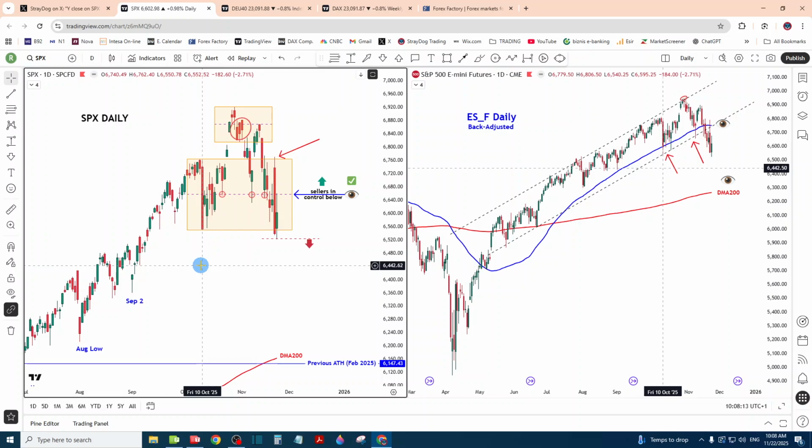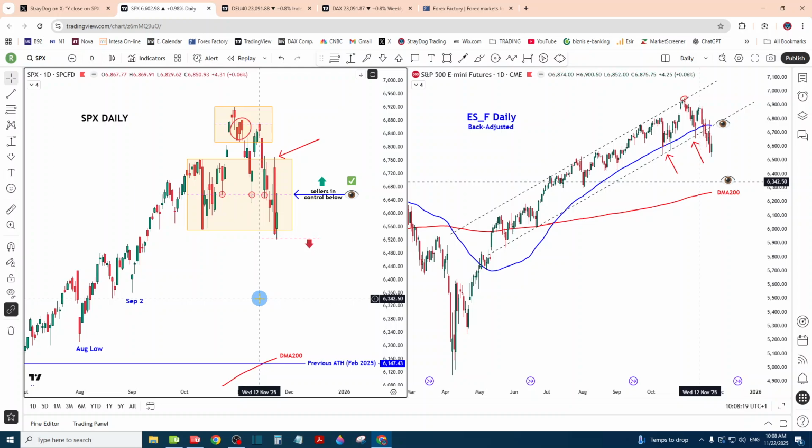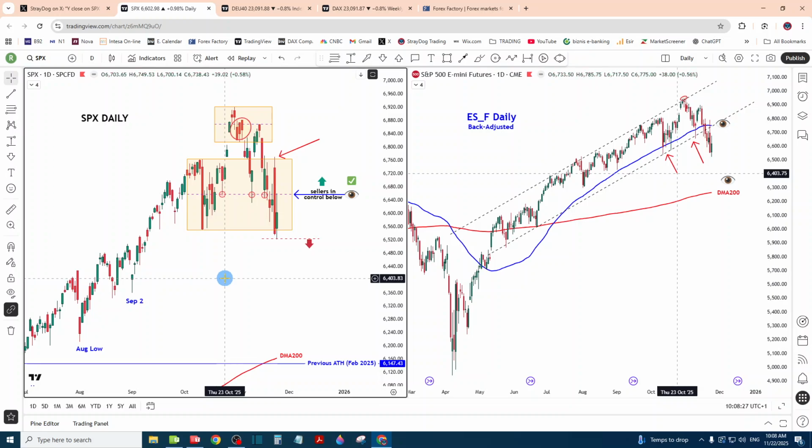So basically we do have two scenarios. One is downside and the second one is upside. They're negating each other, and it doesn't really need to start from Monday, to be clear, because the daily chart and moves on the daily chart take time.